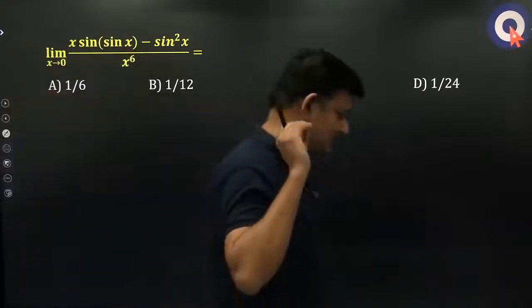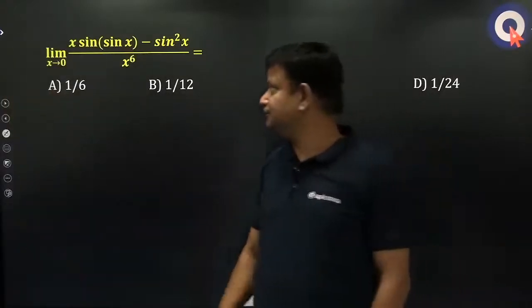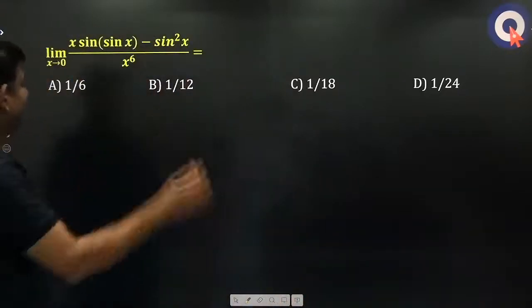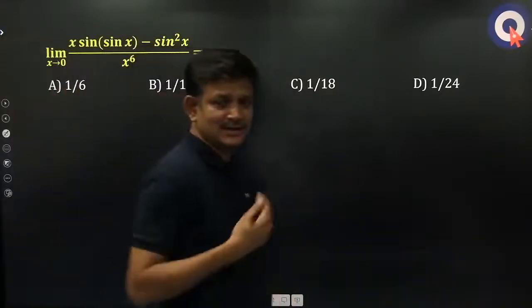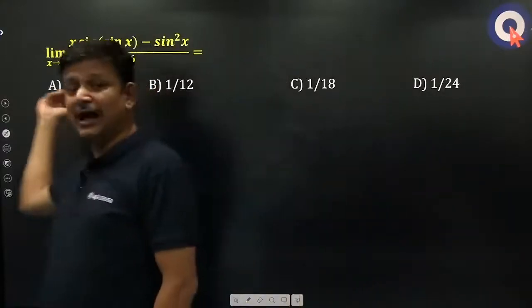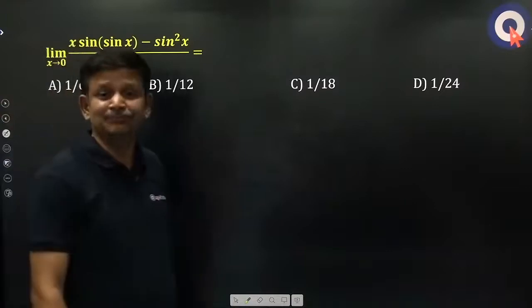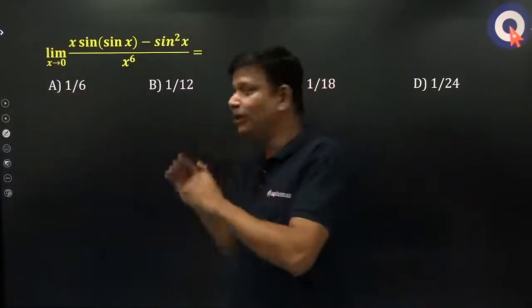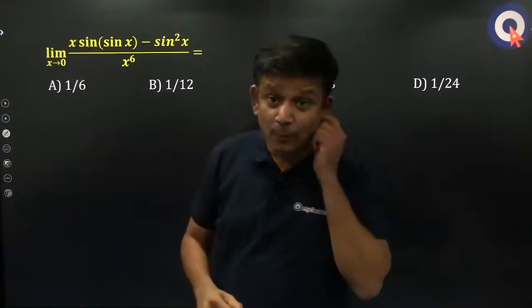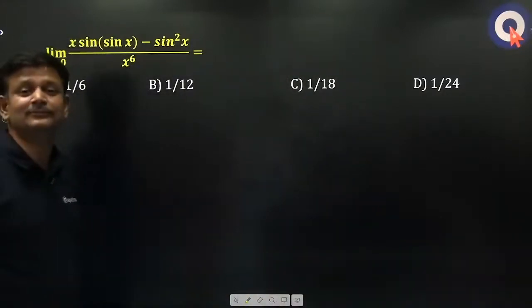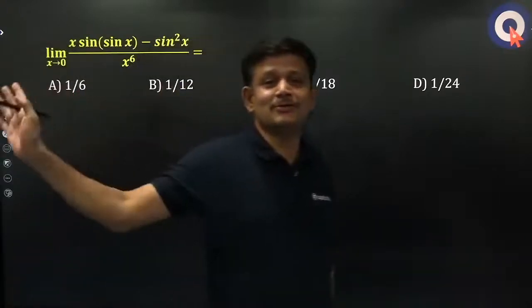Now which method do you suggest I use here? Shall I go with basic formulae? Very difficult, because sin of sin x is not that easy, and again there is a combination of algebraic and trigonometric. So it is not very comfortable to use the basic standard formulae. Shall I go for L'Hopital rule, or El Hospital as many of you call it?